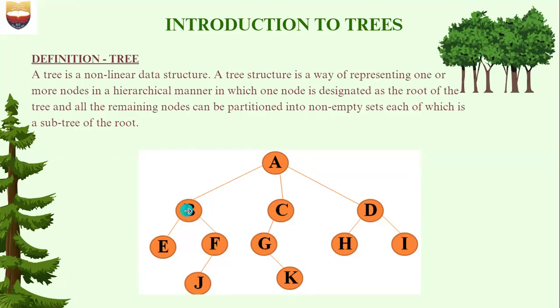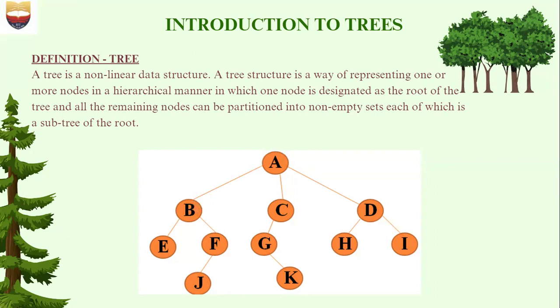How do we calculate the level of a particular node? In order to determine the level of a particular node, we should know the level number of its parent. Here we have already seen that the level number of the root node is 0. Therefore, how can we calculate the level number of node B?